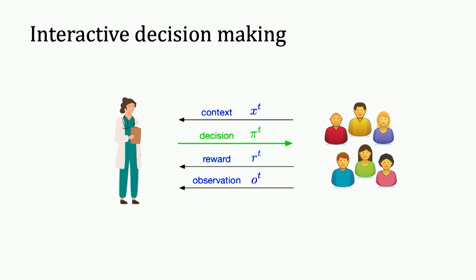At each time step, the decision maker, let's say a doctor, receives some context, let's say the medical history of the person, makes a decision which could be a strategy, a prescription of a treatment, a multi-stage prescription, or the whole policy for the robot, and then observes the reward and some auxiliary information such as the trajectory and the rewards along the trajectory.